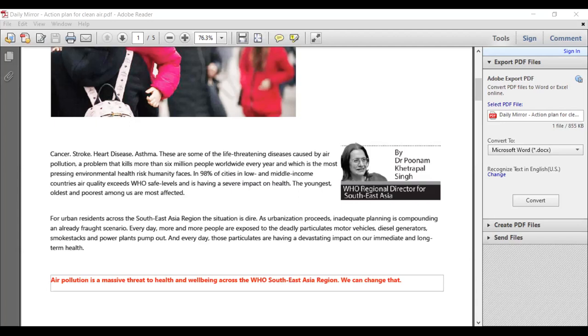So these are the pollutants emitted from power plants, vehicles, industries, and more.